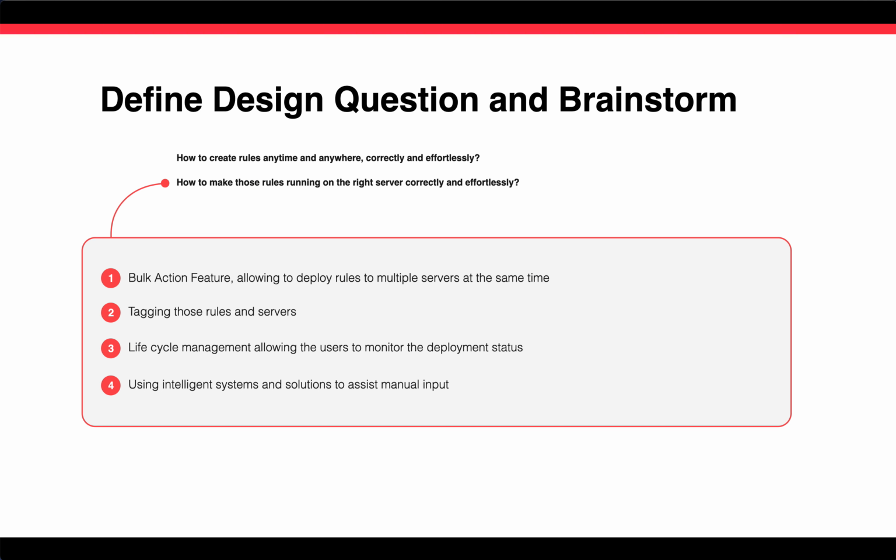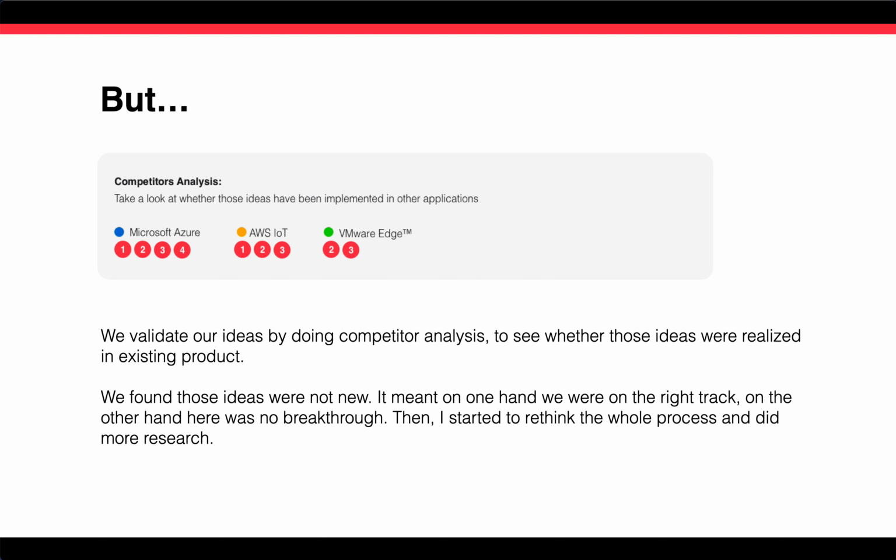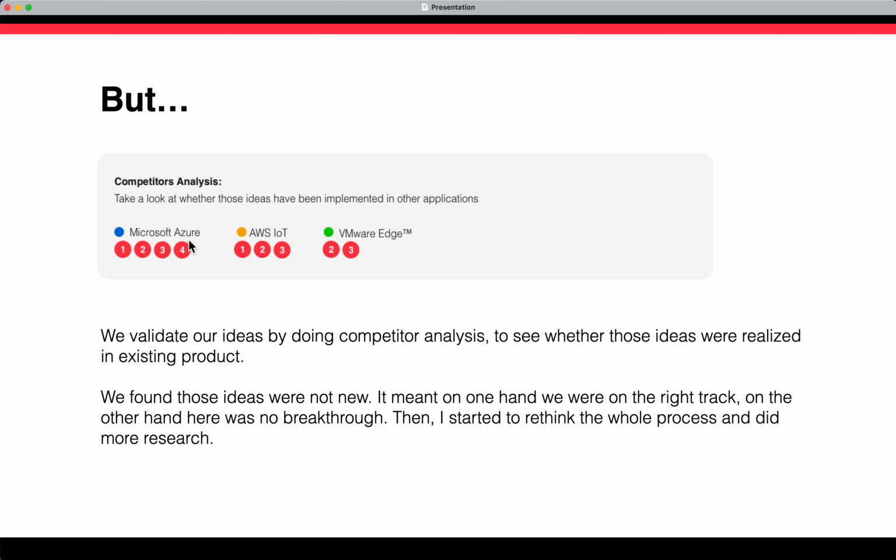After I brainstormed those ideas with the product owner on the whiteboard, I had another thought that we should do a competitor analysis at this point, because I want to know whether those ideas have already been realized in the industry and how they're going. We found that Microsoft Azure seems to have already implemented all four ideas, and AWS probably only implemented ideas one, two, and three.